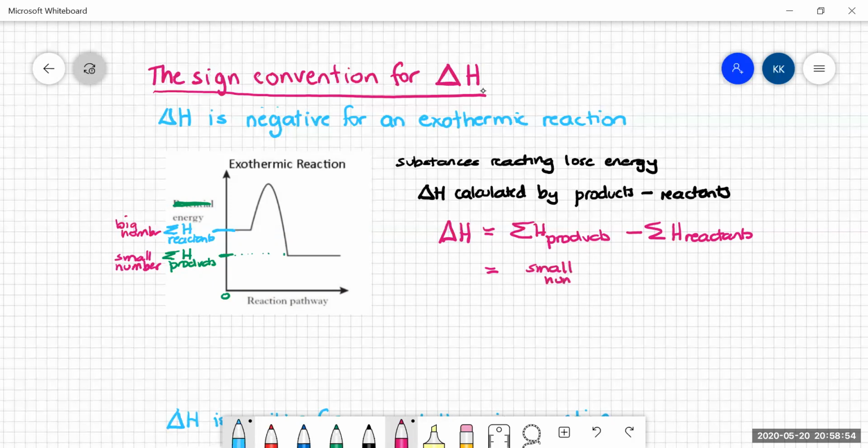So we've got a small number here, and we're going to subtract a big number. And if you have a small number and you take away a big number, then you're going to end up with a negative answer. And that, because of the convention, it's just a convention. Once upon a time, somebody decided that's how we were going to calculate delta H, and forevermore, that's how we've done it. Because of that convention, you always get delta H being negative for exothermic.